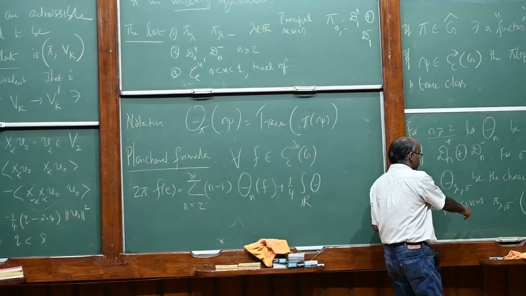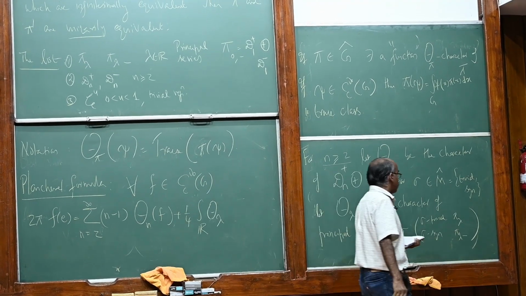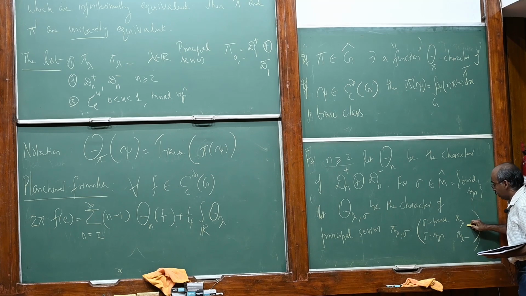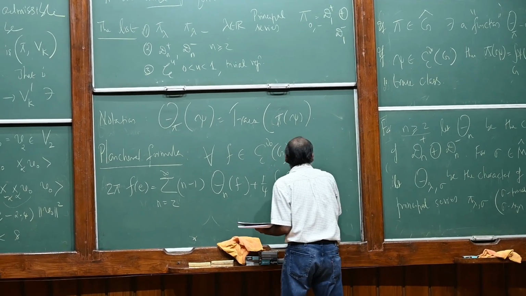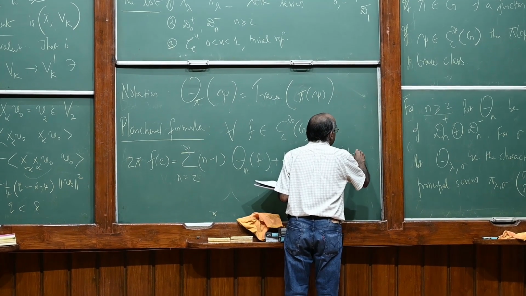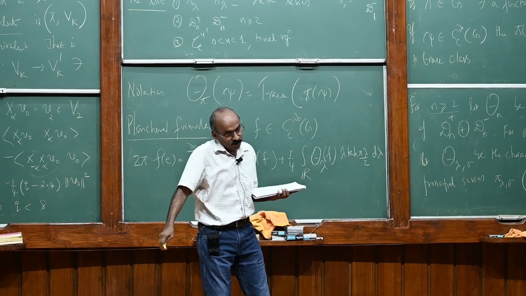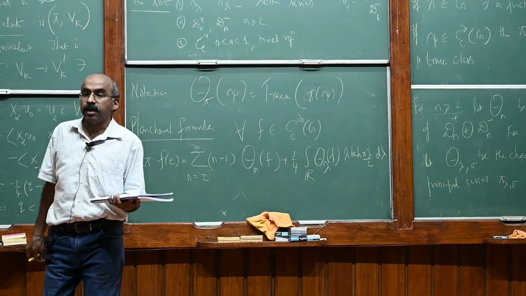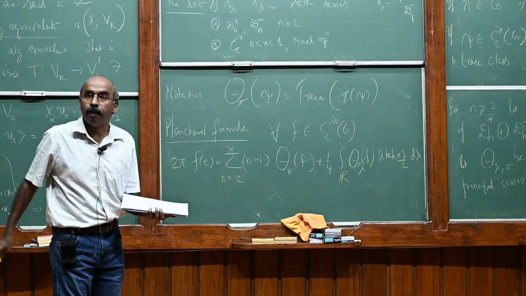Now comes the principal series ones. So theta lambda, that is the character for pi lambda, and the Harish-Chandra c function, so that is c of lambda to the power minus 2, times pi lambda by 2 d lambda. This corresponds to the spherical function theory, that means functions which are K-invariant. That is the only thing that will come.